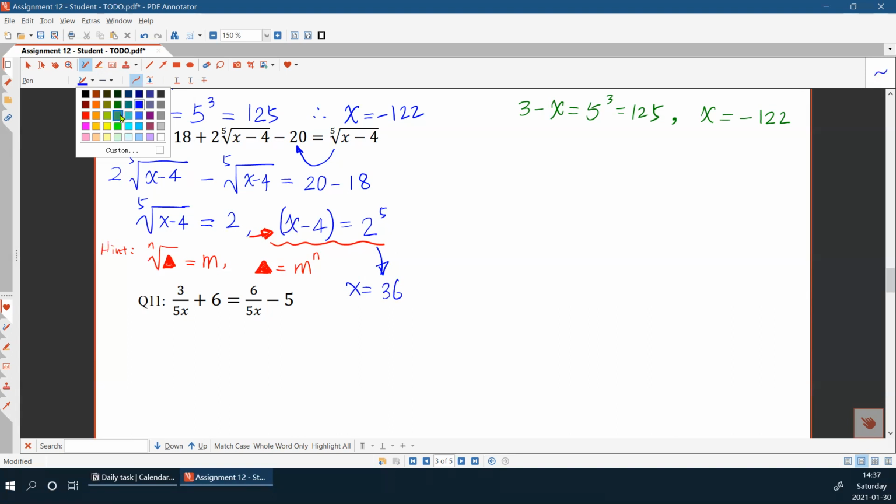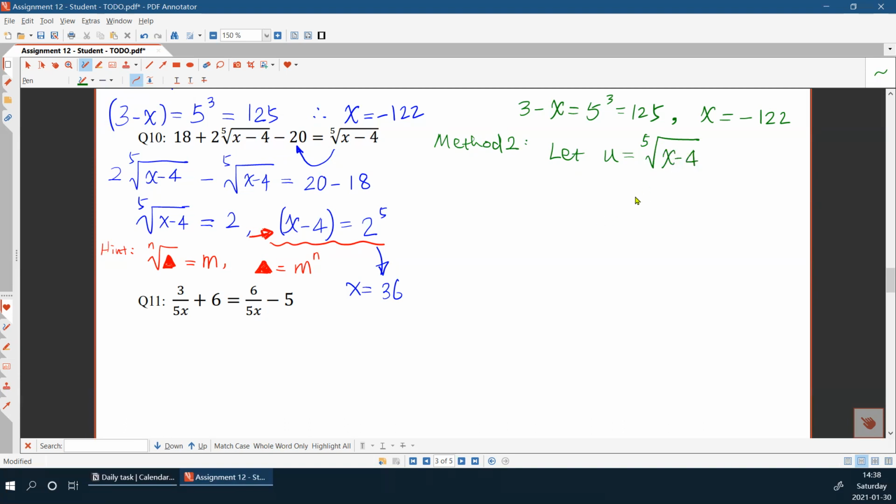And again, of course, you can use the alternative method. Method 2. If you don't feel very comfortable with the fifth radical sign, you can use a letter u to substitute this term, which is let u equal fifth root of x minus 4.